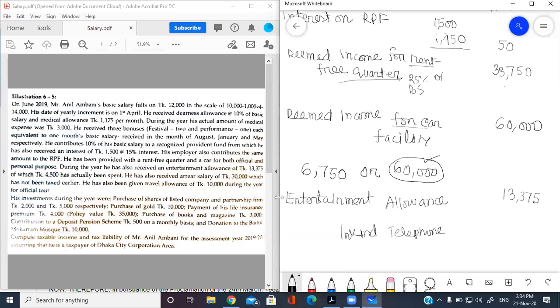If by any chance you receive cash allowance, it will increase your tax liability.